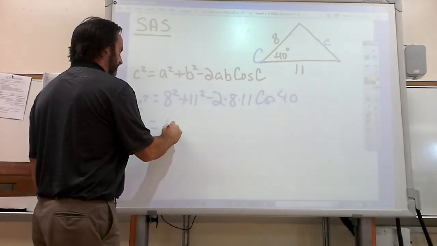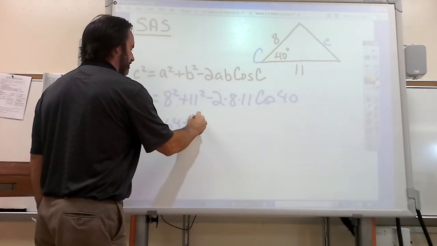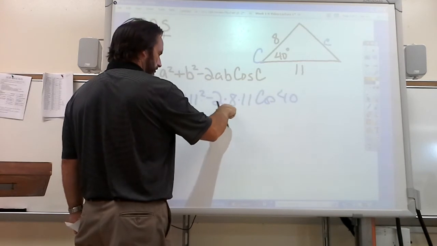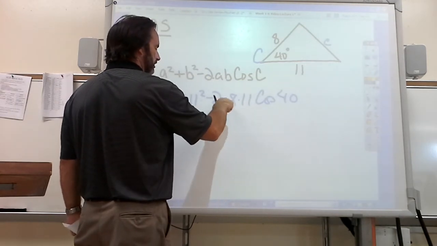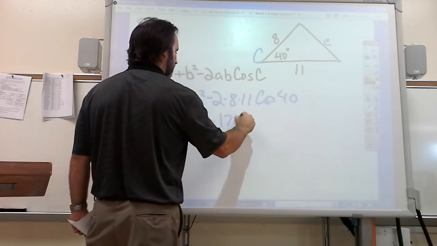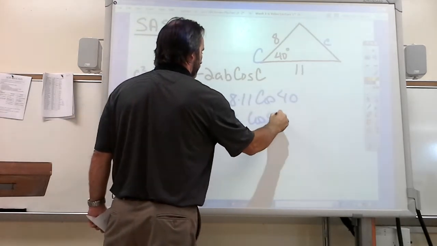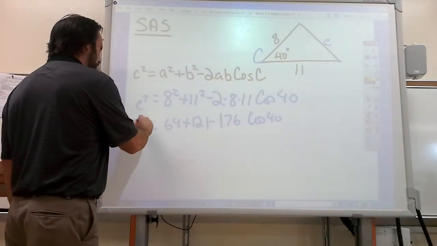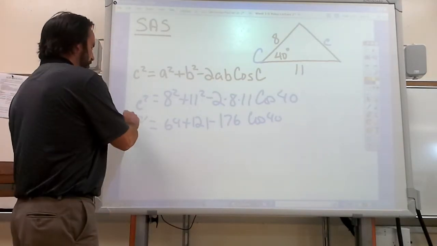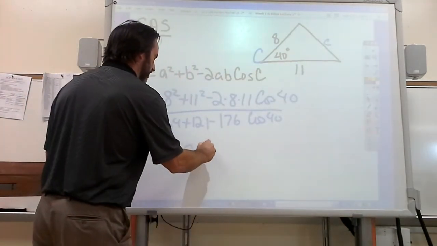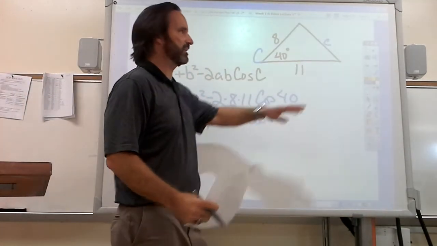Simplify. 64 plus 121 minus 88 times 2 is 176 minus 176 cosine of 40. Whatever this works out to be, guess what? c squared equals that. And we'll have to square root both sides. And we'll get c equals, and we'll solve for that side.